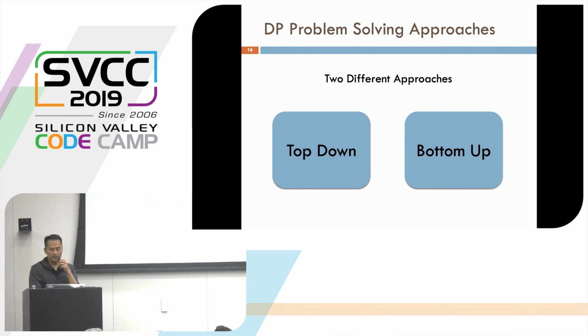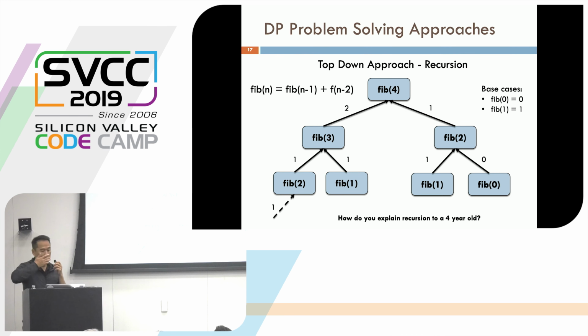So top-down is pretty straightforward. You start from the top. You say, I want to figure out a solution for fib of 4, but I don't know what it is yet. But that's what I want to figure out. So now I'm going to find a solution for the subproblems of fib of 4. Once I have those, I can combine them, right?